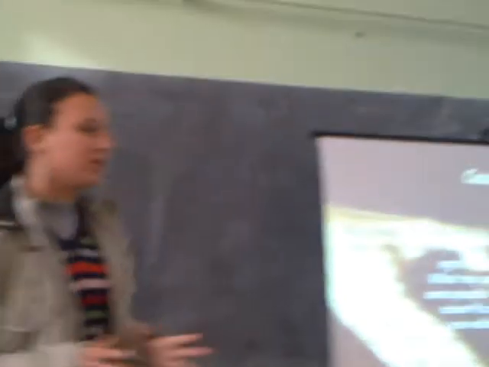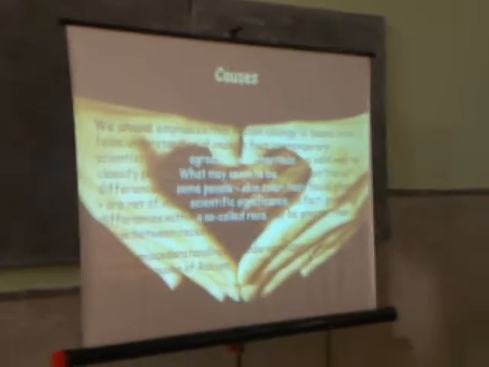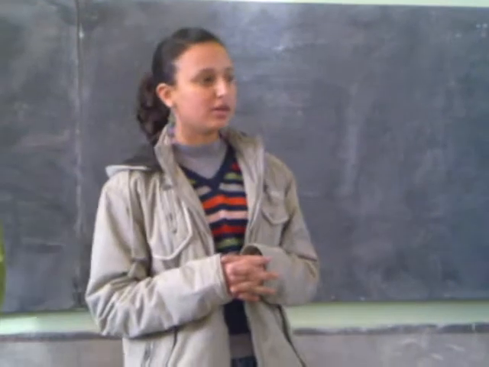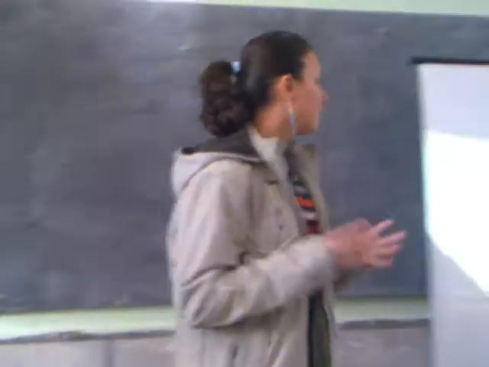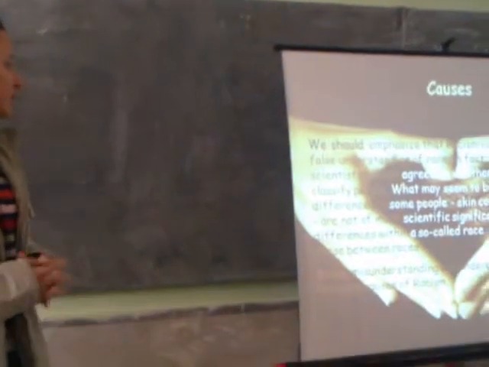We should emphasize that racism ideology is based on a false understanding of race. In fact, contemporary scientists do not agree whether race is a valid way to classify people.